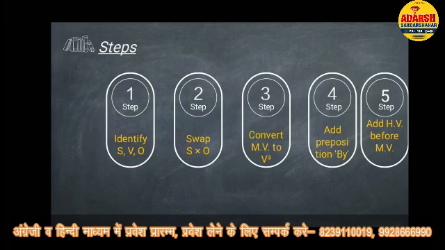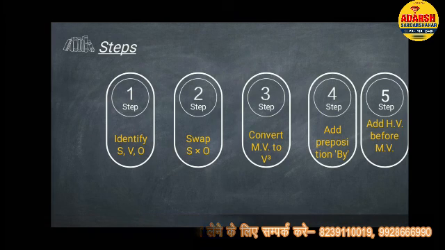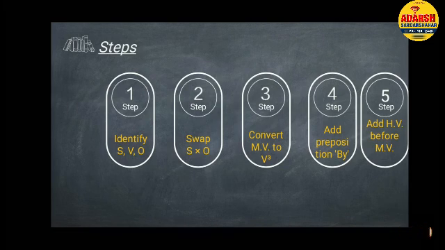Let me repeat it here again: the subject is our doer, the verb is our action, and the object is what our action is performed on. After the first step, the second step is to swap subject to object and object to subject, while the third step is to convert the main verb to the verb's third form, because in passive we always use the past participle.